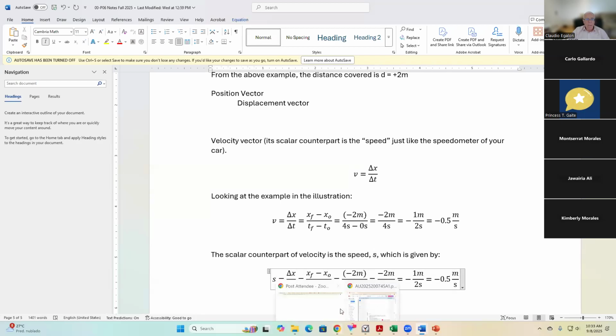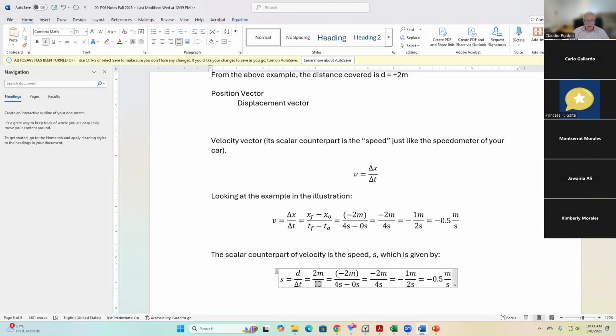Instead of delta x, we're going to use d. The speed is the distance covered divided by delta t. The distance covered is 2 meters.